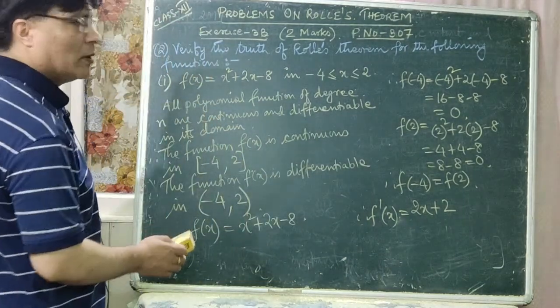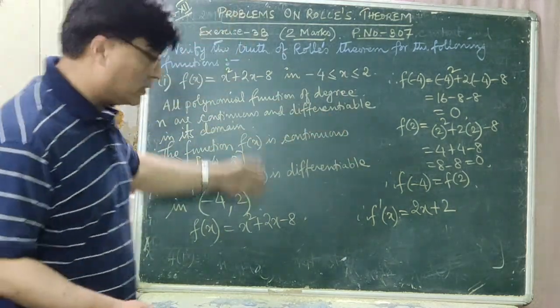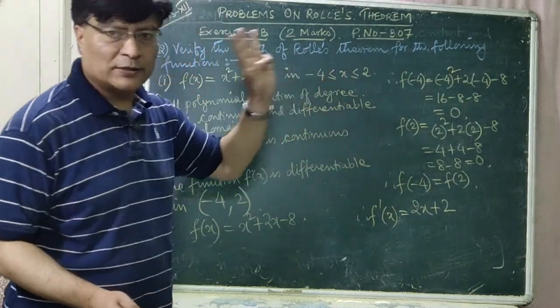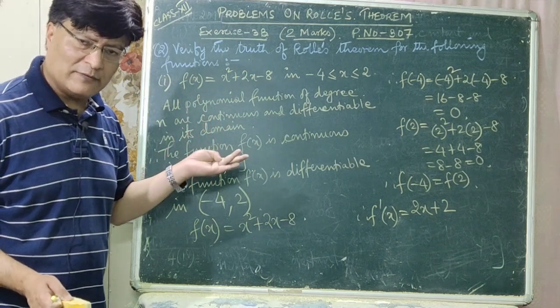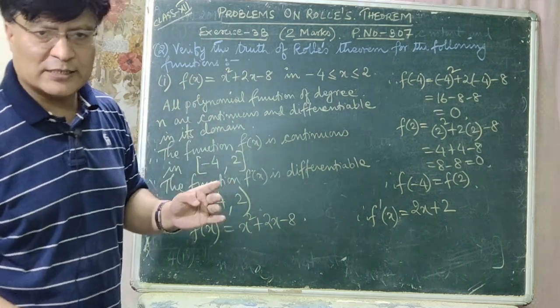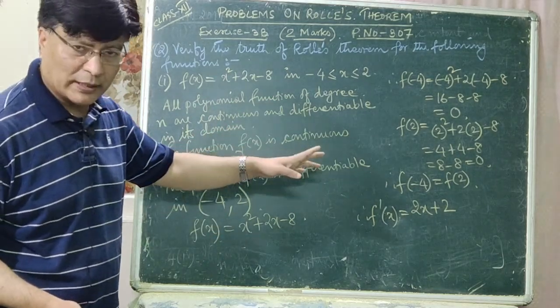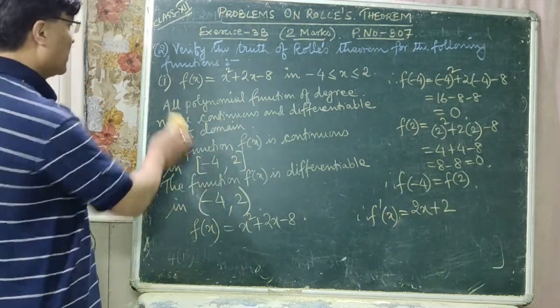So now all the conditions of Rolle's theorem are satisfied here, isn't it? All the conditions of Rolle's theorem, that is 3 conditions are there. One is f of x is continuous in the given closed interval, f of x is differentiable in the given open interval, and f of a is equal to f of b. So in this case all the conditions of Rolle's theorem are satisfied.